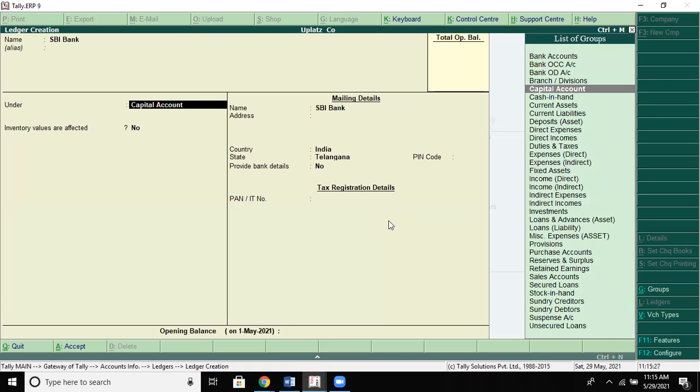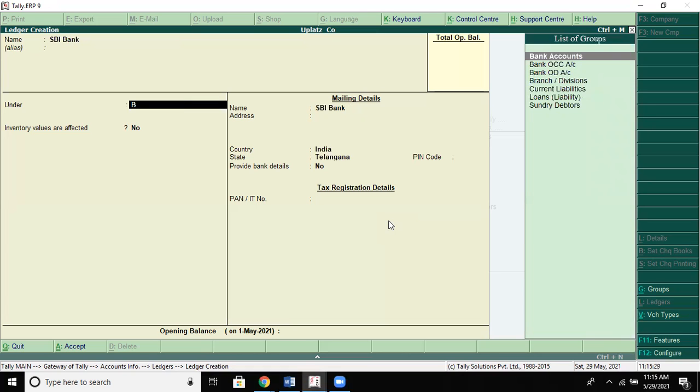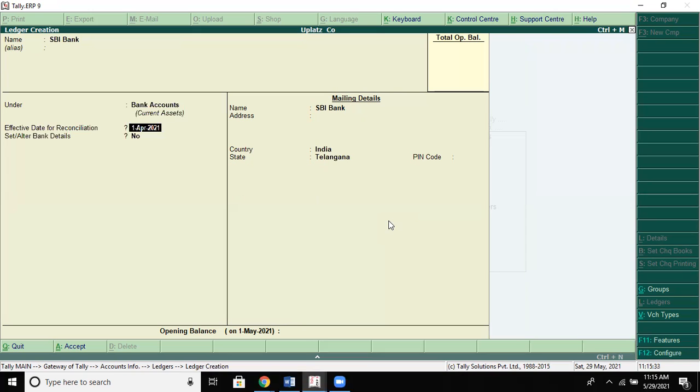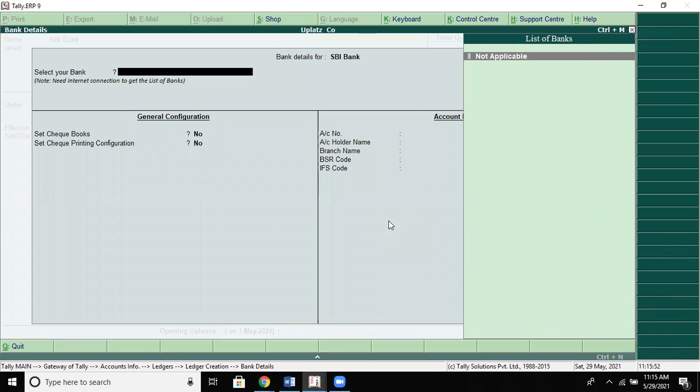Bank comes under bank accounts, so select bank accounts in the available list of groups. What is the effective date of reconciliation? Usually it should be the starting date, so let's give this date, or else you can go for the April 1st starting date. Set alter bank details: yes, if you want to alter the bank details, we can still alter them. Here you can select the bank details and give them.